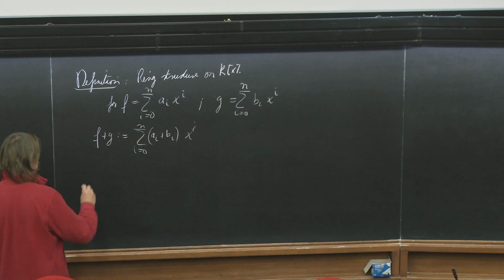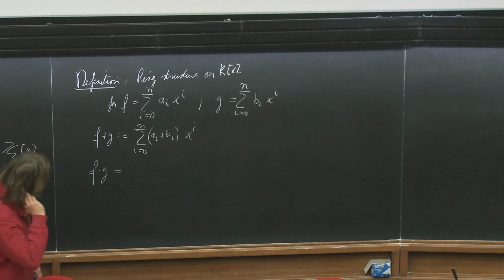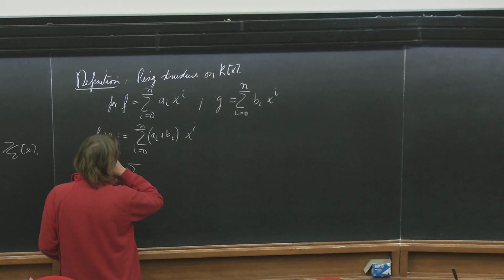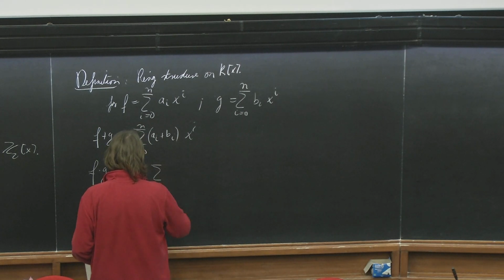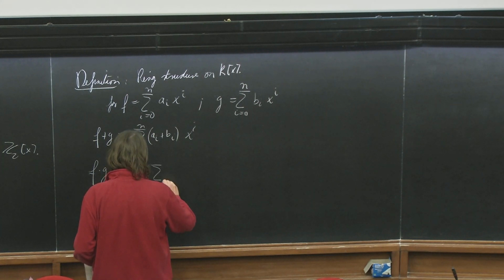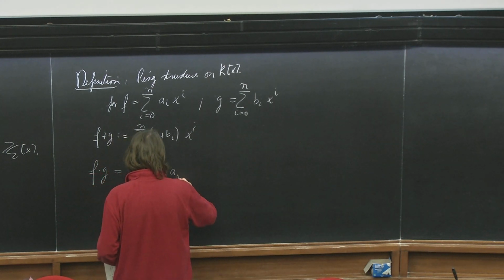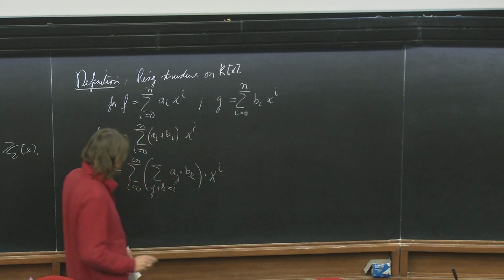And the product, we write this formula. This is the sum from i equal 0 to, in this case, n, sum over j plus k equal to i, of a_j times b_k times x to the i.